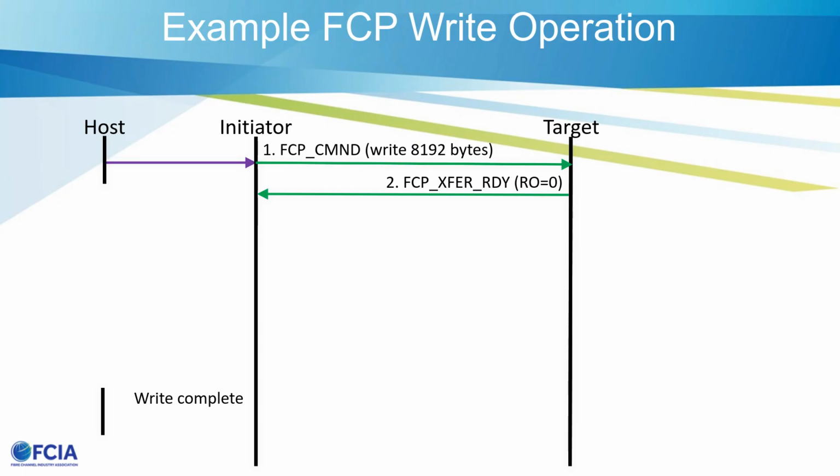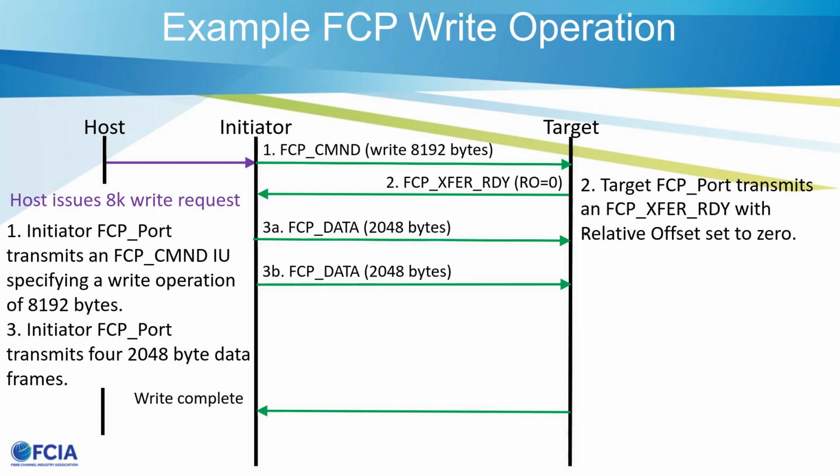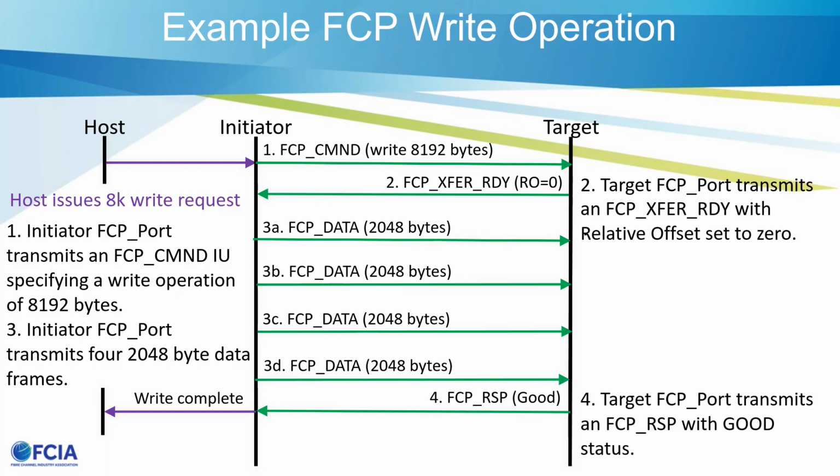Once he's done, he sends what's known as a transfer ready back to the initiator. When the initiator gets that, he starts sending the data in one after another. Since we allow 2K payload in each of our frames, he'll end up sending 4 frames of data, making up the 8K that he originally wanted to write.